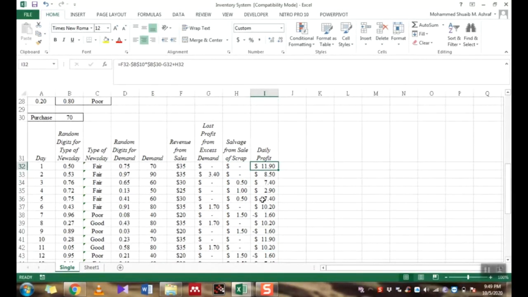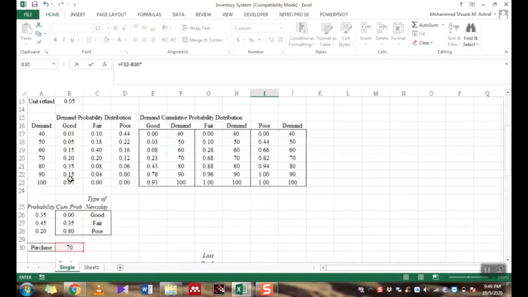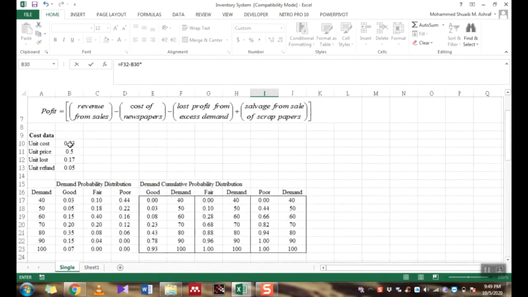What is the formula to calculate daily profit? Revenue from sales minus cost of newspaper. What is the cost of newspaper? Every day 70 newspapers are purchased at the cost of this. This is the cost of newspaper, so these two cells will be fixed.